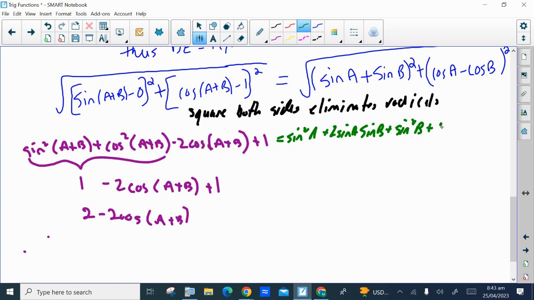It'll give us cos squared A. Multiply the two terms together and double gives us minus 2 cos A cos B, and then square the last term gives us plus cos squared B.